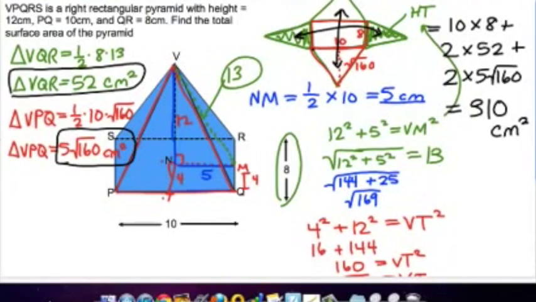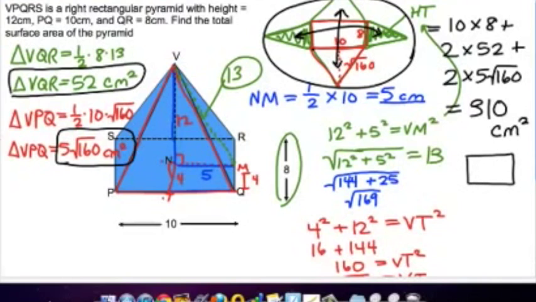Let's break it down again, just in case you're not sure where that came from. Looking at the net, which I'm circling over here in black, I have the rectangle. That's my first. Then I have 2 triangles with base 8 and a height of 13.